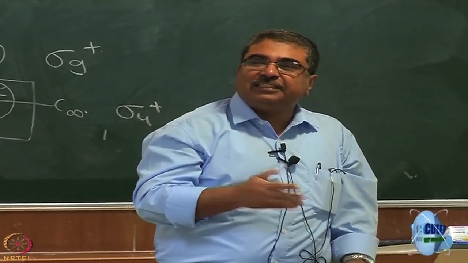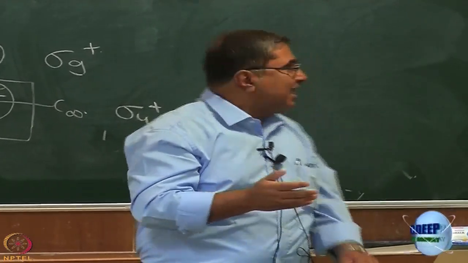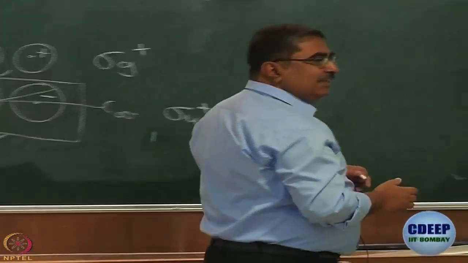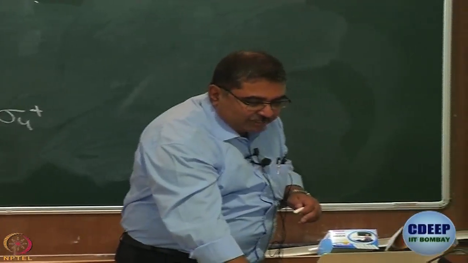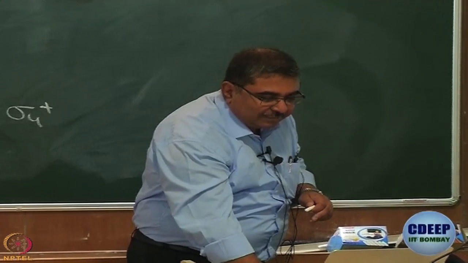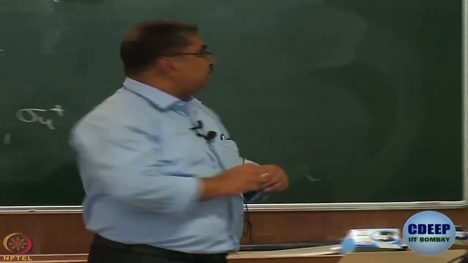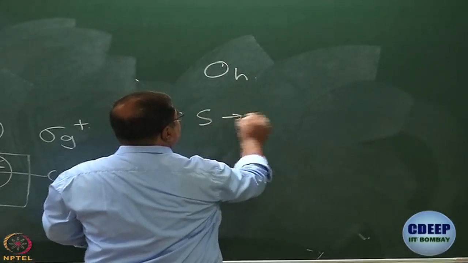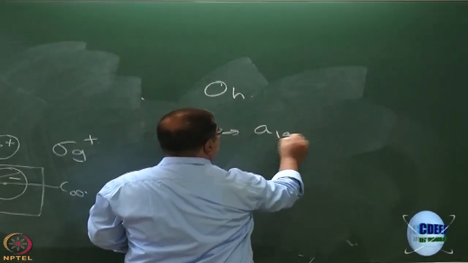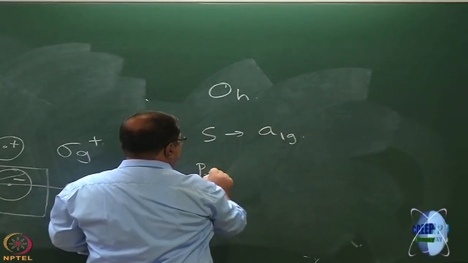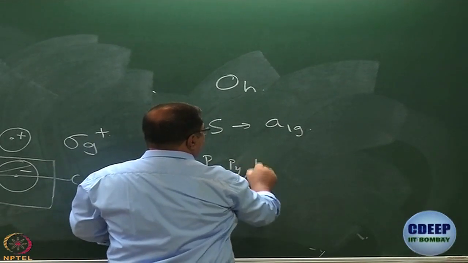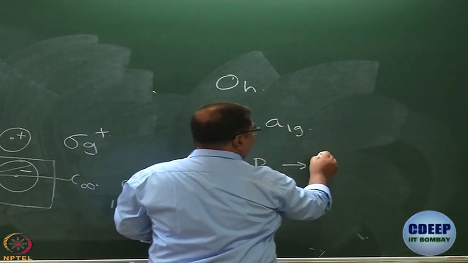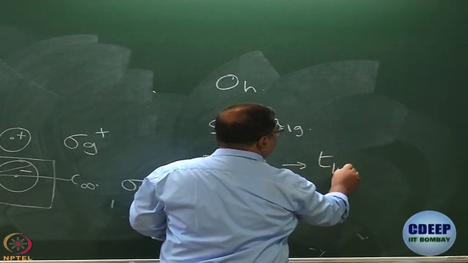Same symmetry species as your x, y and z, and here as you see x, y, z jointly form the basis for T1U. So, for an octahedral complex, S is A1G, Px, Py, Pz jointly form the basis for T1U.